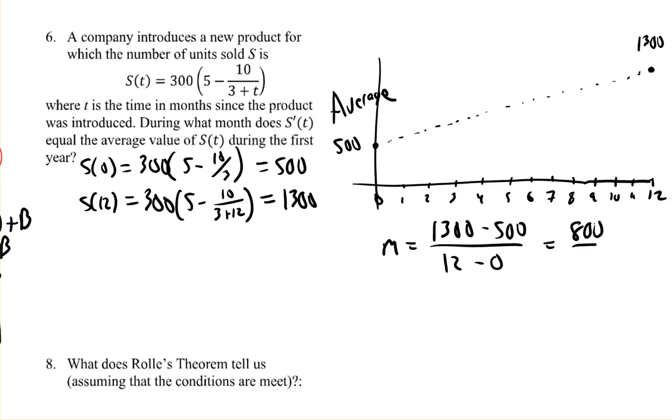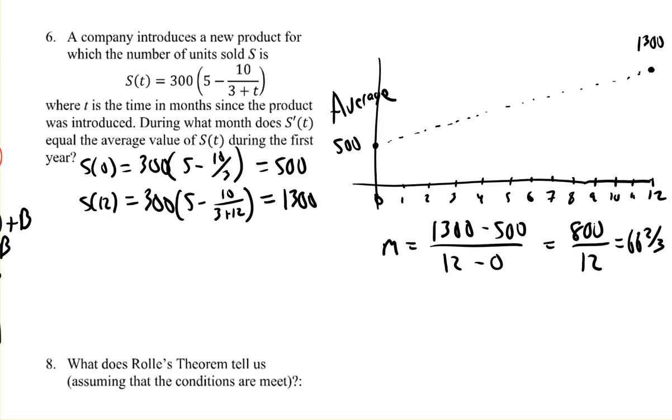But it took me 12 months to do that. And so that would be 66 2/3. And that's positive. So each month, on average, I'm selling 66 2/3 more than I did the month before. That's just looking from the start of the year to the end of the year, a big picture.